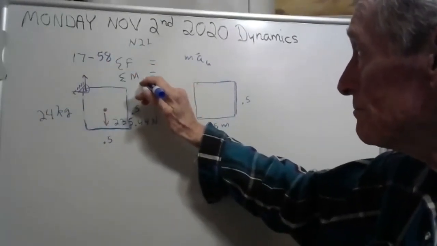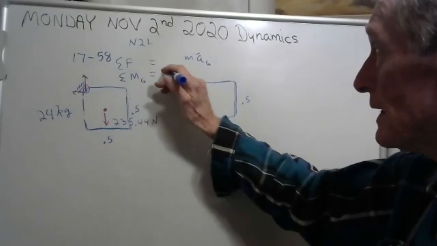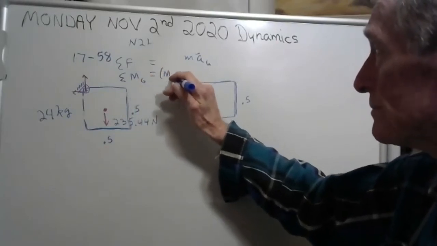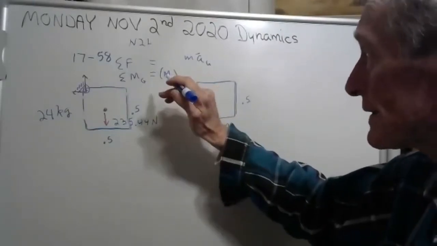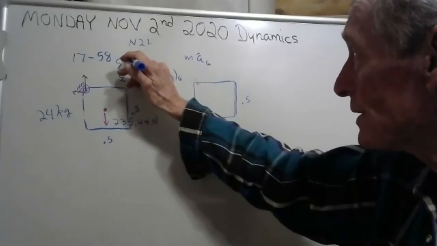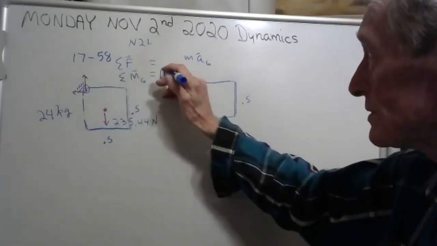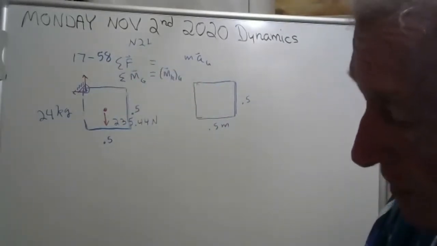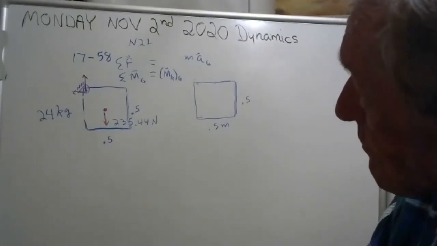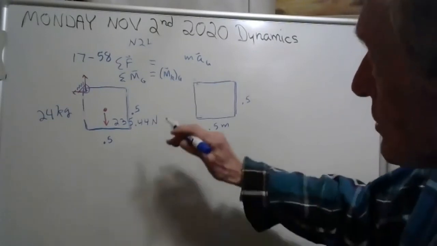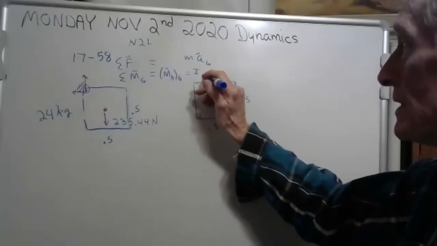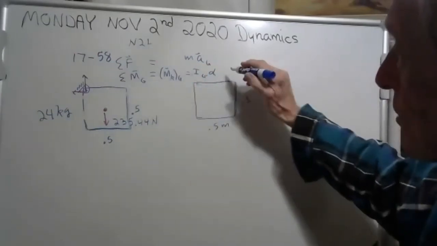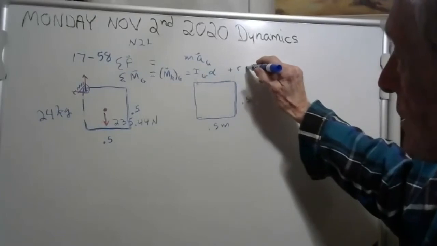The way the book writes this, they write this as the sum of the kinetic moments. Oh, I know it. That was a vector sign. They call them kinetic moments. Okay. And in this case here, that's just going to be I_G alpha. There are no r cross m a's.